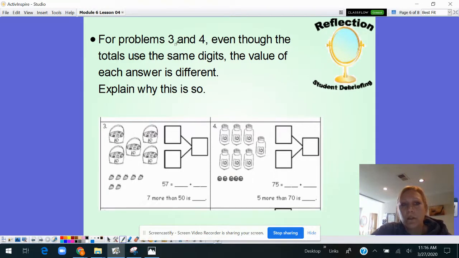For problems 3 and 4, even though the totals use the same digits, remember digits are numbers, the value of each answer is different. Let's see. So we have 1, 2, 3, 4, 5, which is 50. And how many strawberries? 1, 2, 3, 4, 5, 6, 7 ones.